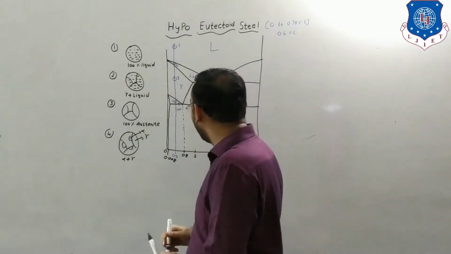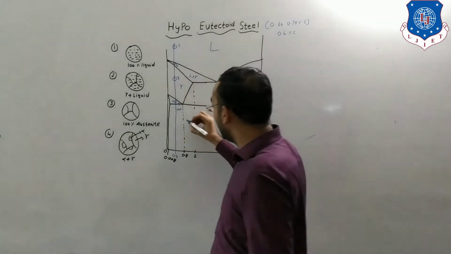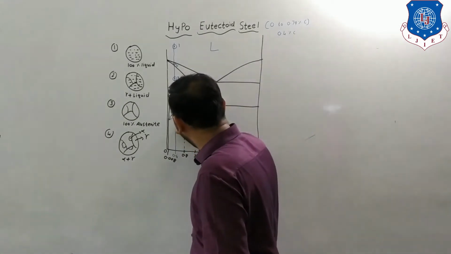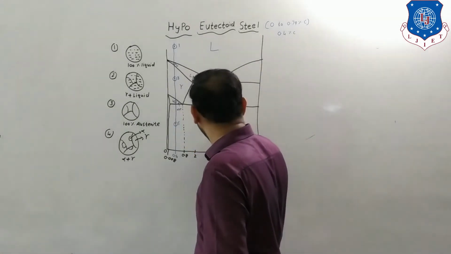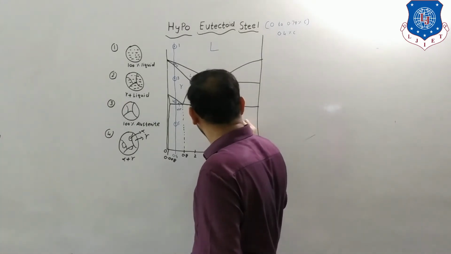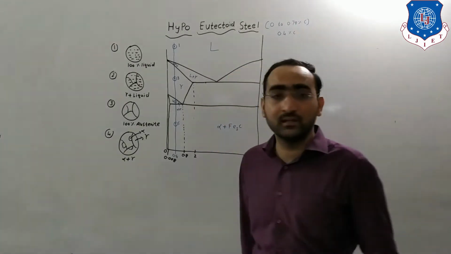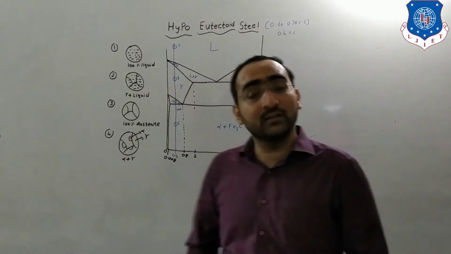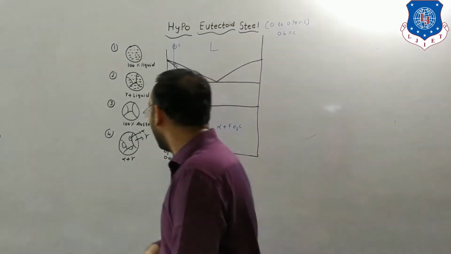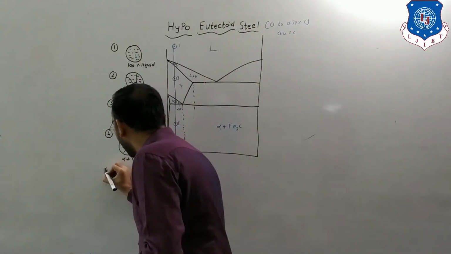Now, the last region under the solidification curve, the fifth point, falls under alpha plus Fe3C, that is the pearlite region. So once again we will be going over here.